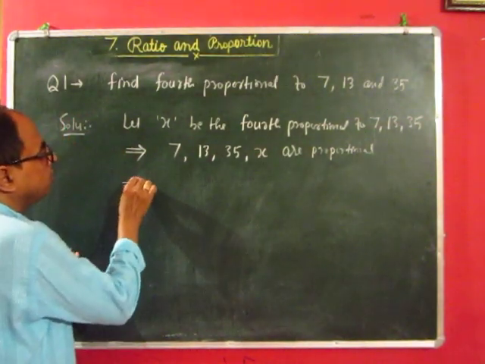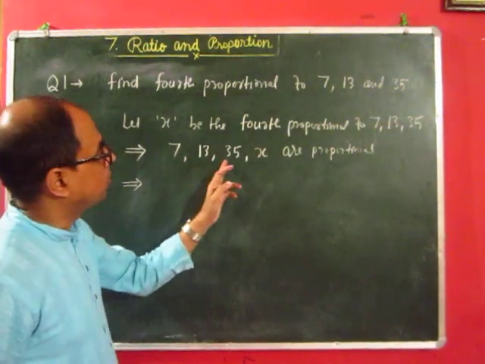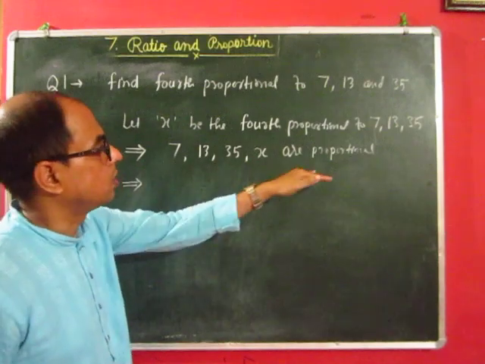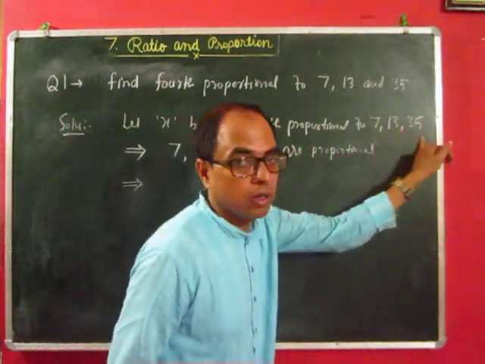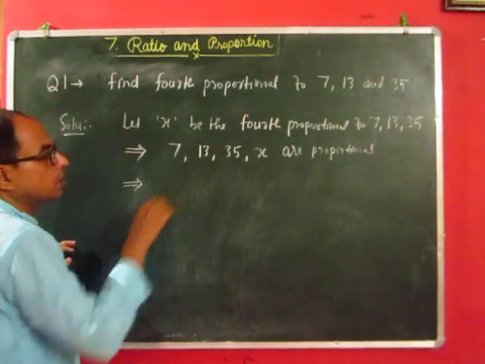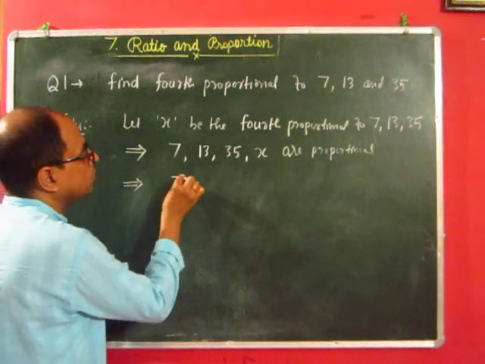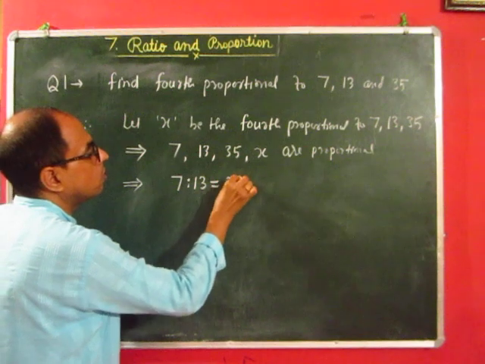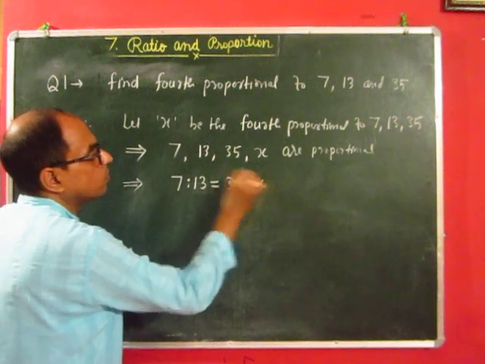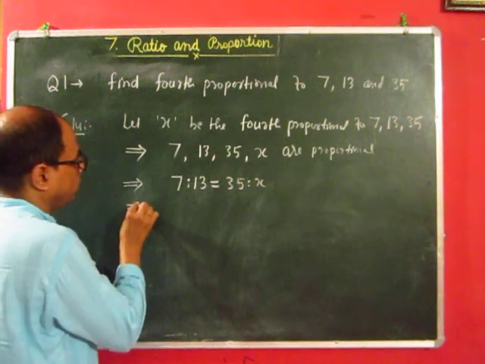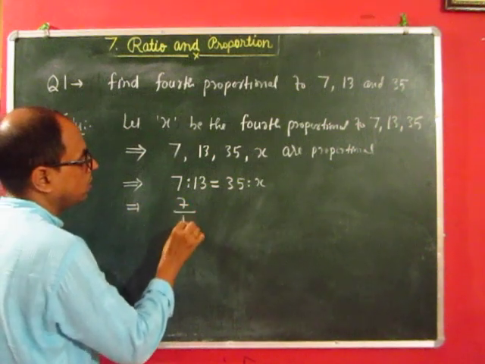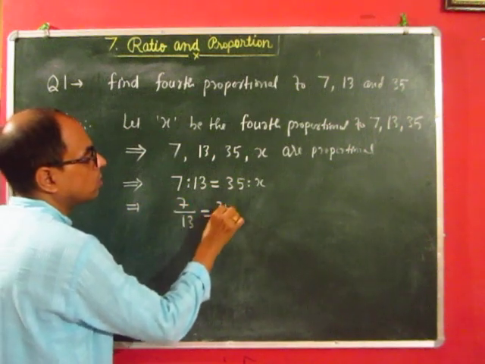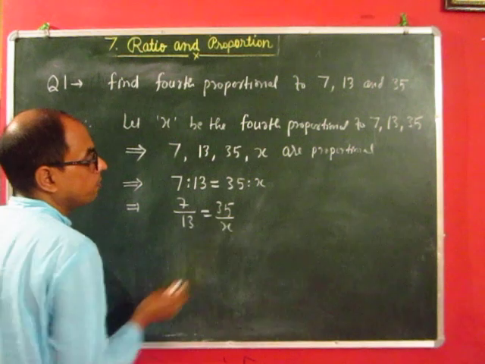Since these four numbers in order are proportional, write in order, don't change the order. It means ratio of first two will be equal to ratio of last two, or you can say 7 by 13 is equal to 35 by x.